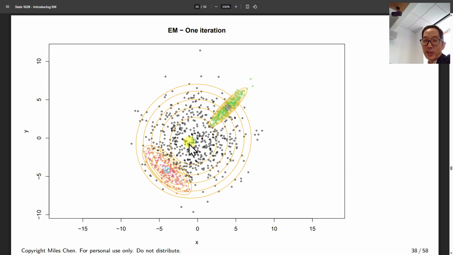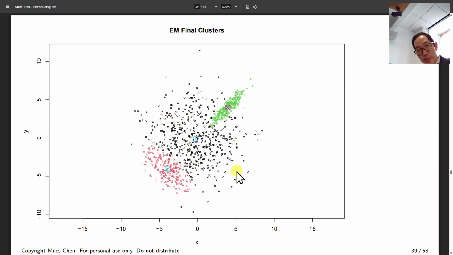And so after some iterating back and forth of updating our assignments and updating the corresponding parameter estimates, this is what we end up getting, okay? And so after letting it run, these are our final cluster assignments, all right? And this is what we have.